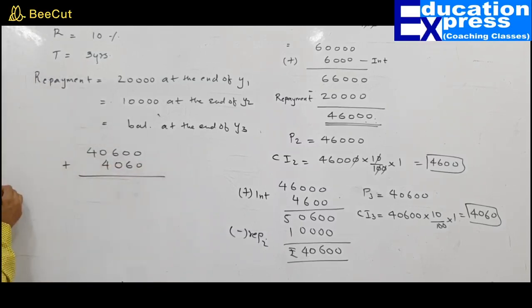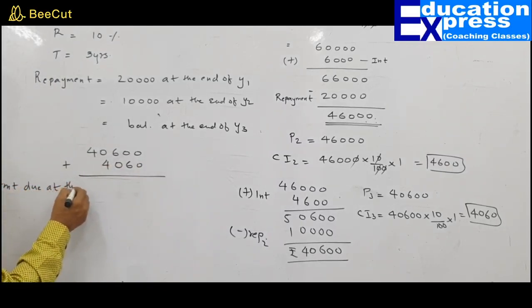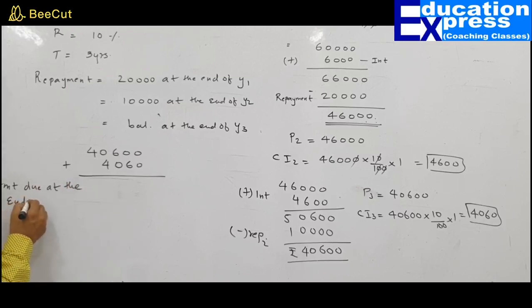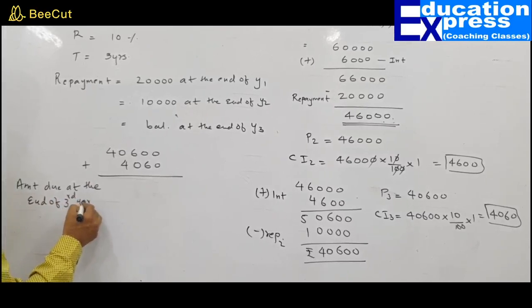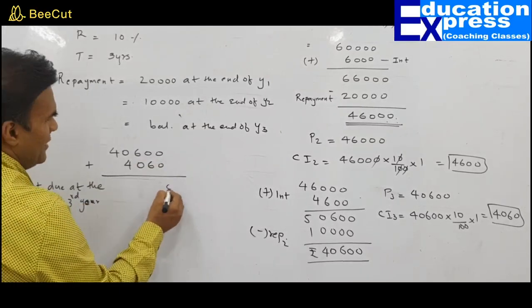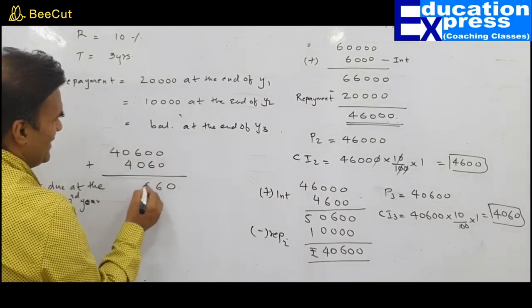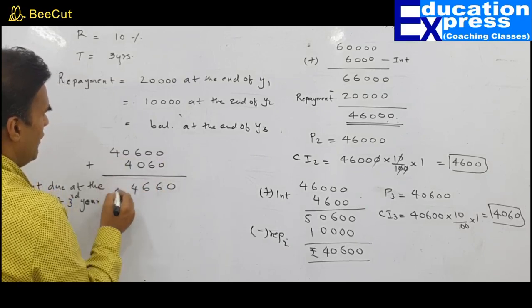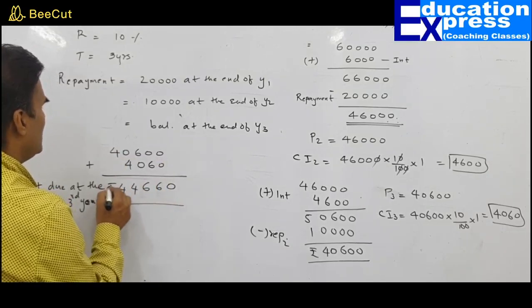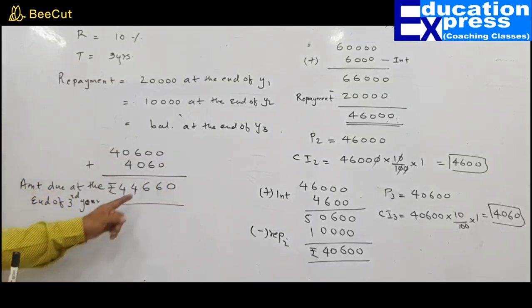So amount due at the end of third year. How much is the amount due at the end of third year, my dear friends? 44,660.